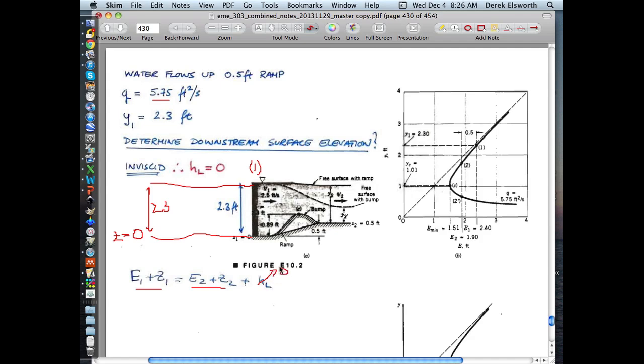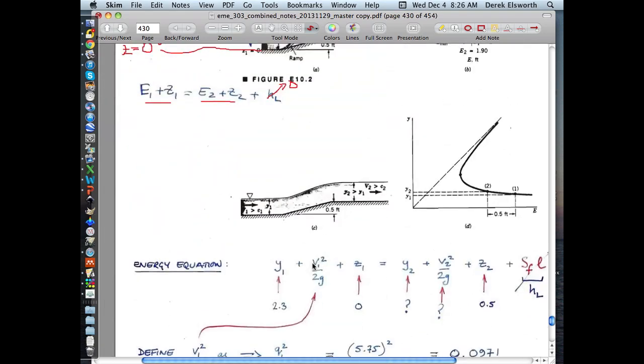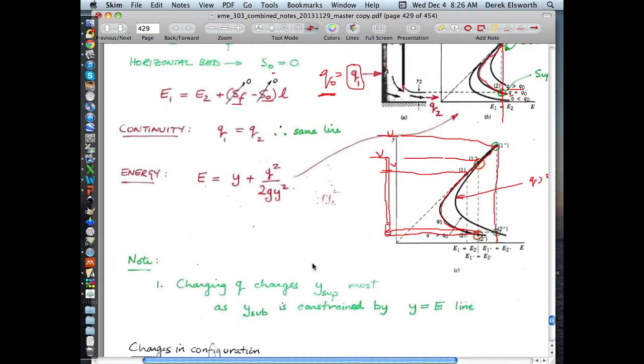And secondly, we can draw this depth versus energy diagram, because we can write out this equation, and we know everything we need to know. So we know what the flow rate Q is. We know the upstream depth is 2.3, but we could also make the depth equal to 0 through to 2.3 in some increments, and we could draw one of these diagrams for that.